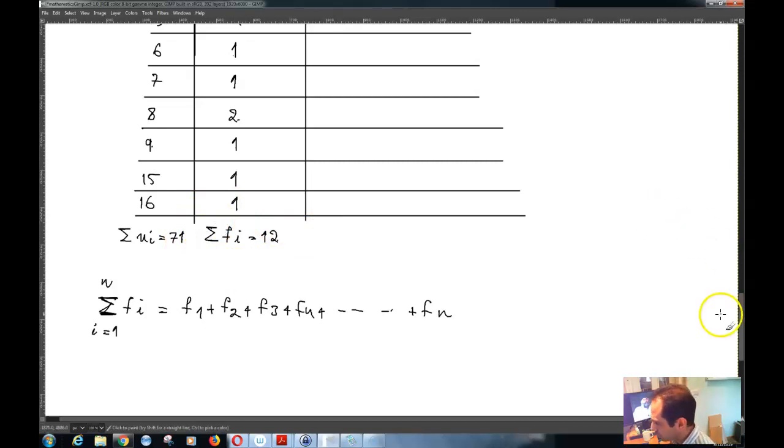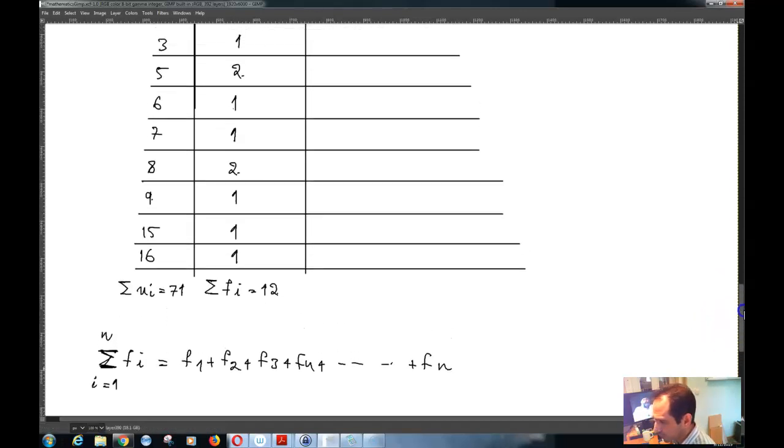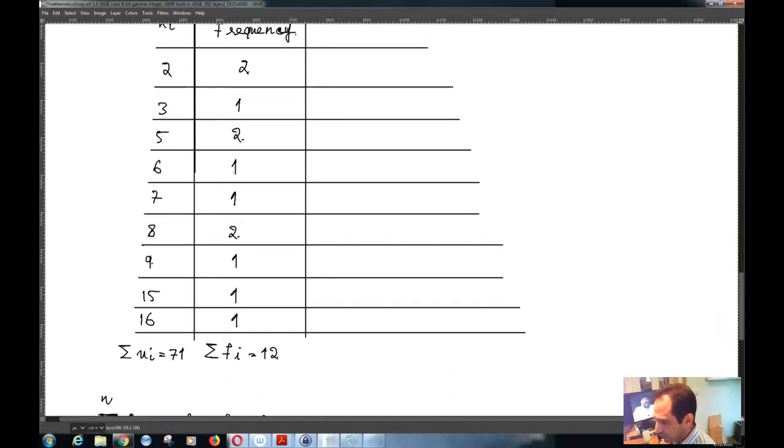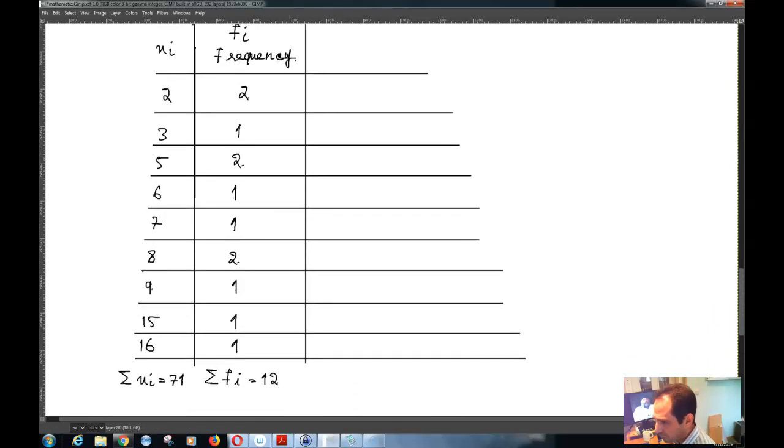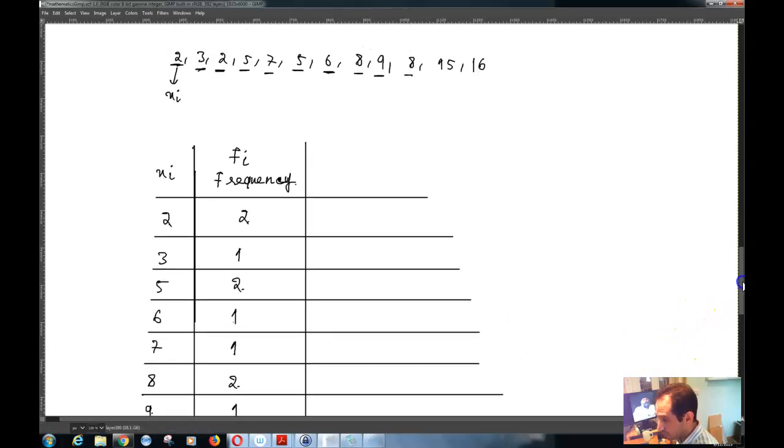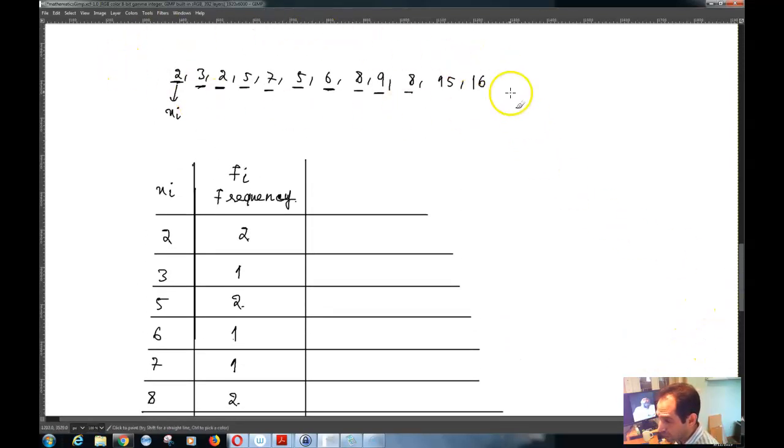Now, of course, it makes sense that if I want to find the average of these numbers, what I need to do is basically add all of these numbers together and then divide by the number of those numbers.